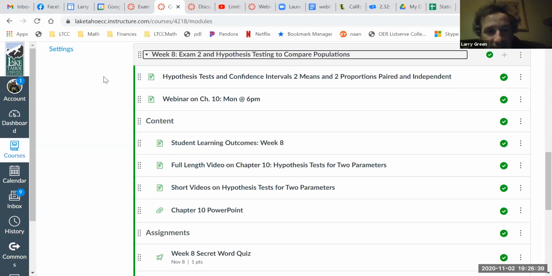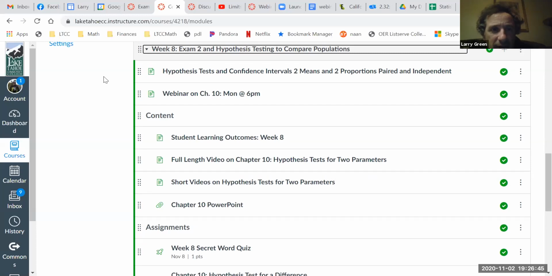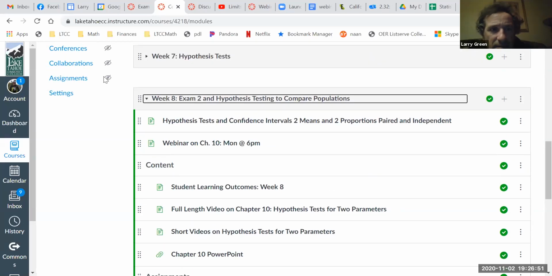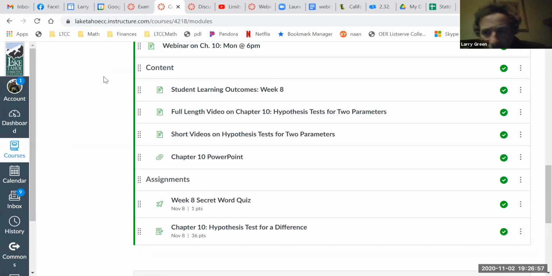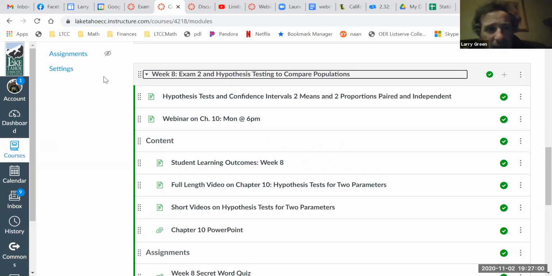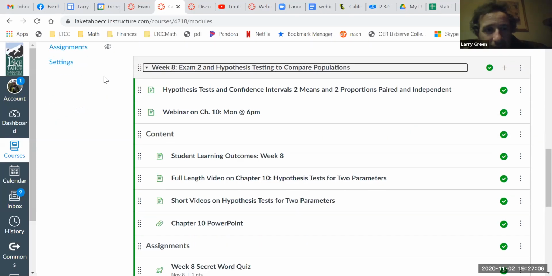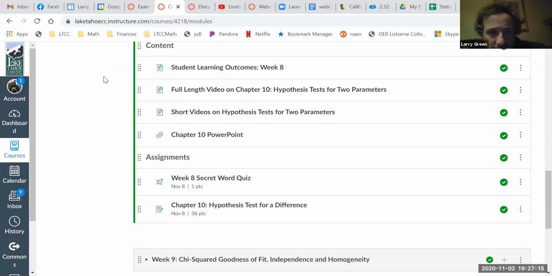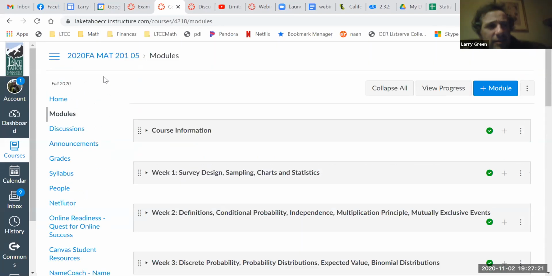There's a practice test, I believe. It might not be in the module, it might be in the syllabus. In this week's module, we have hypothesis confidence intervals, student learning outcomes, full-length video, and PowerPoint. I think I didn't put it in here. I thought it was on the syllabus, so let me check the syllabus.